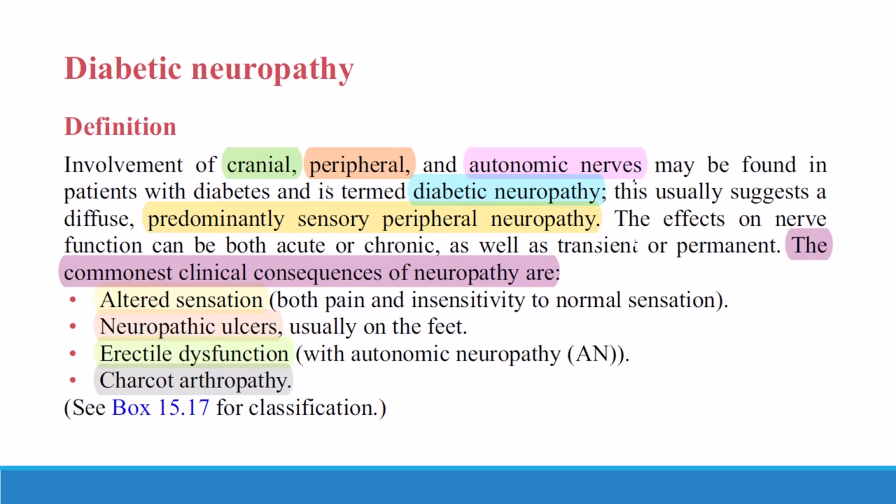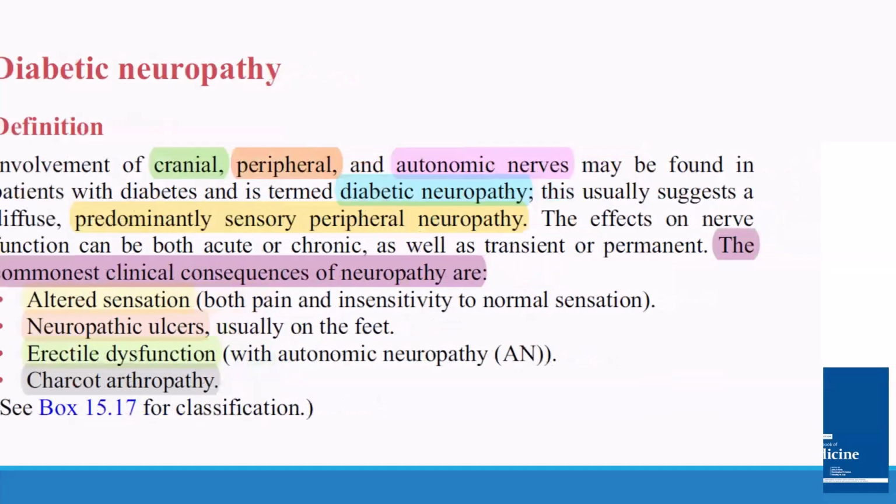The commonest clinical consequences of neuropathy are altered sensation. The patient may be sensitized to pain and may be insensitive to normal sensation. There may be a neuropathic ulcer, usually in the feet, erectile dysfunction, and Charcot arthropathy.